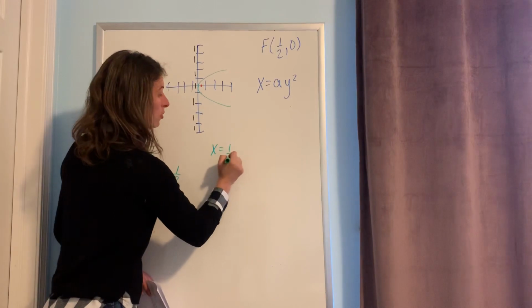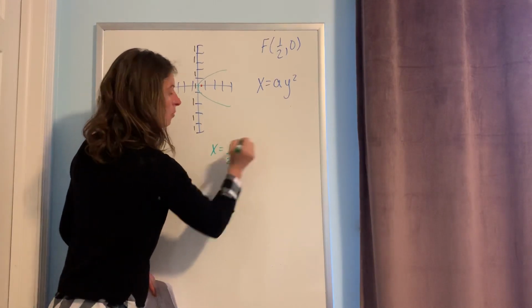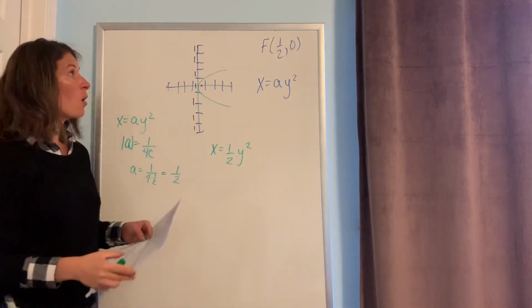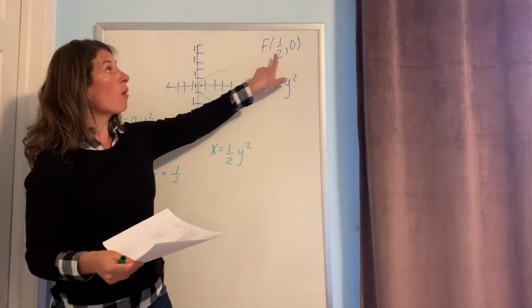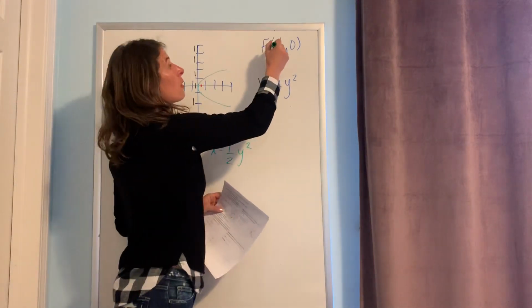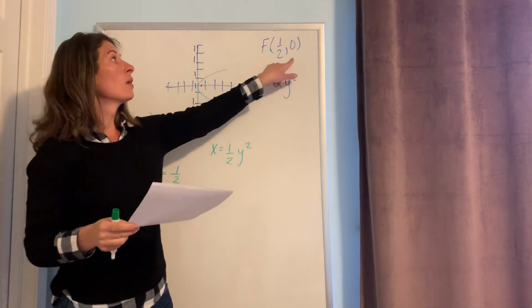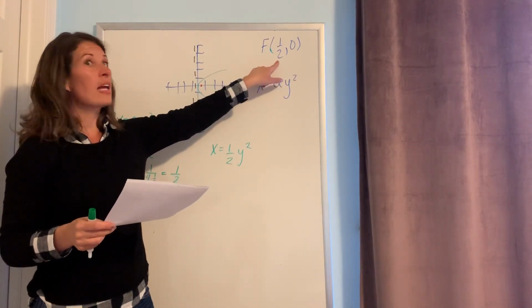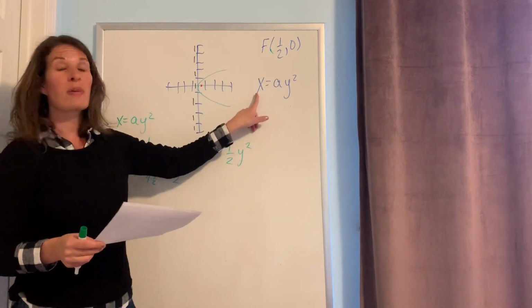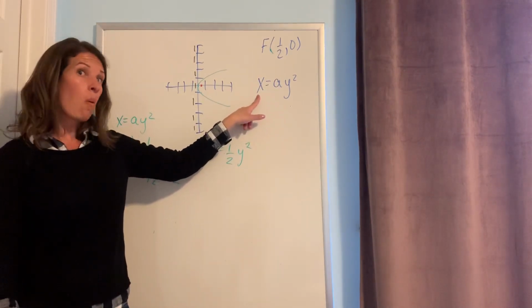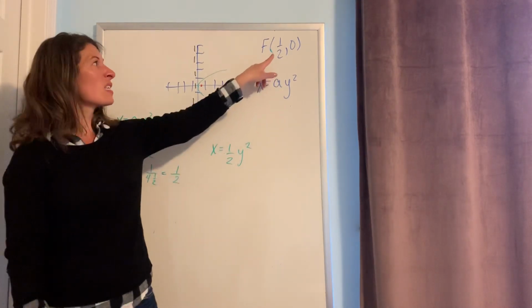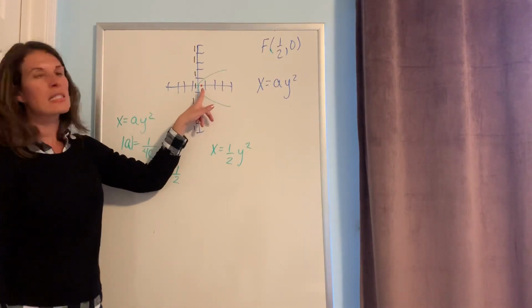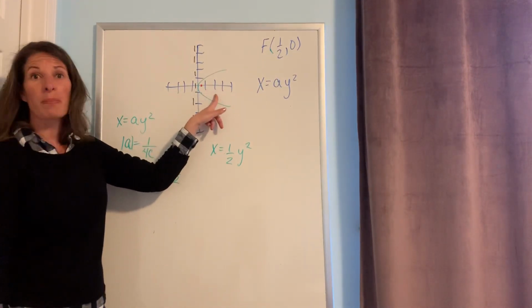X is equal to 1 over 2 y squared. So we have to find our c, which is always in our focus. Because our c value is given at the x, that means that we have to use x equals a y squared. Because this is positive and it's encompassing positive, we know it's a positive value.